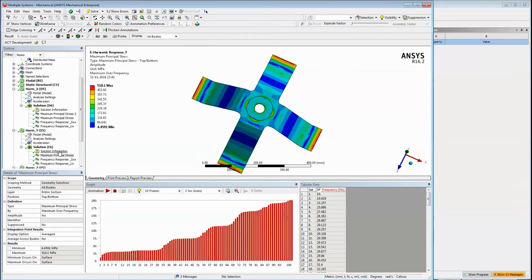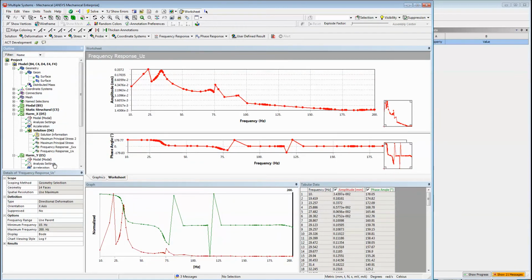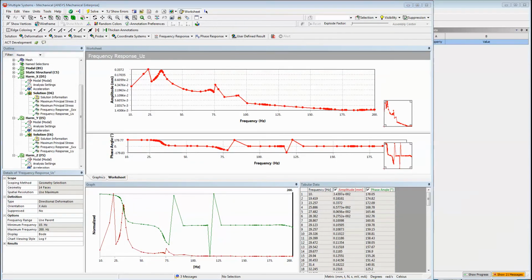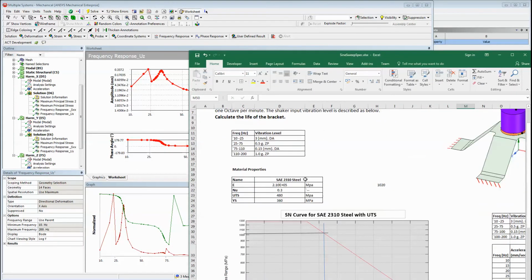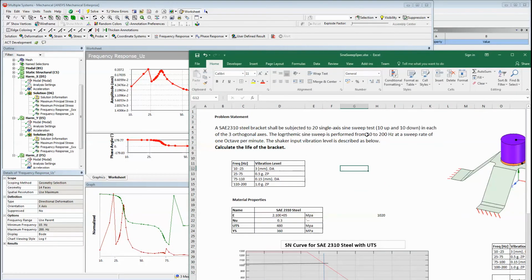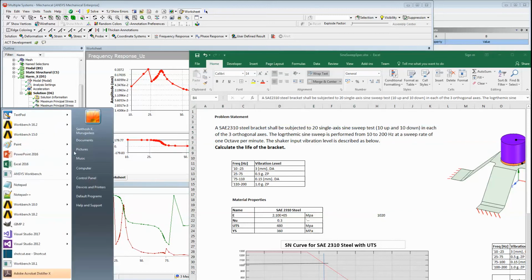And the jet direction. What is important to notice here is that when we do the stress analysis, things like the sine sweep, we can't do anything about this sine sweep here. The sine sweep plays a role in predicting the stresses.